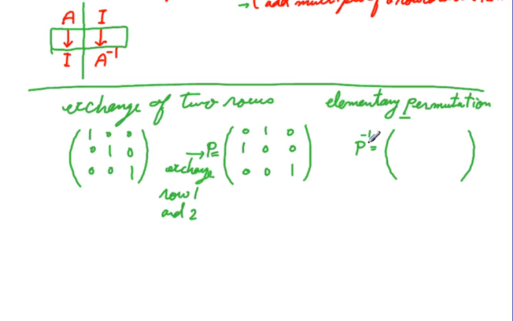Now I'm asking you to guess what would be the inverse of this matrix. The act of exchanging row 1 and 2 is exactly what was captured by this. So our guess would be that the exact same matrix will actually act as the inverse of itself. Kind of looks peculiar, but let's see.